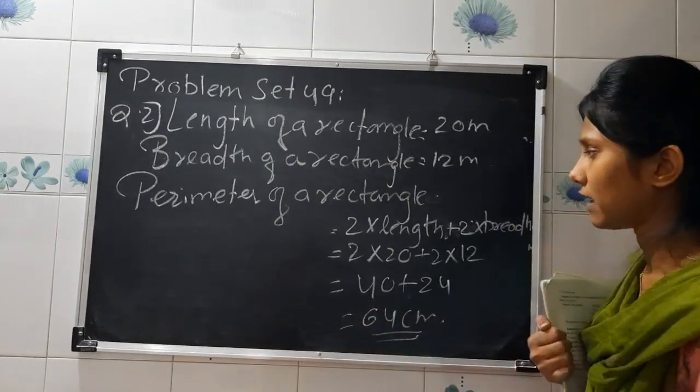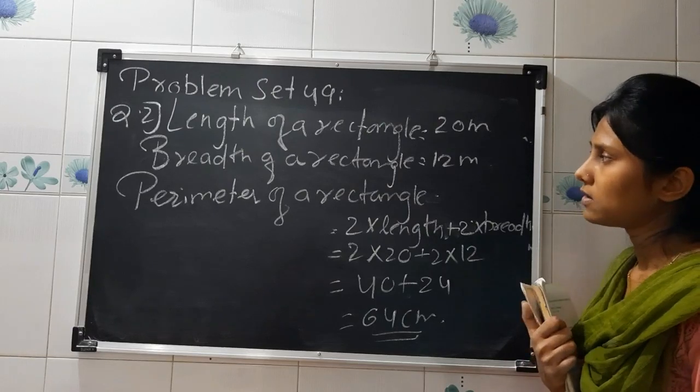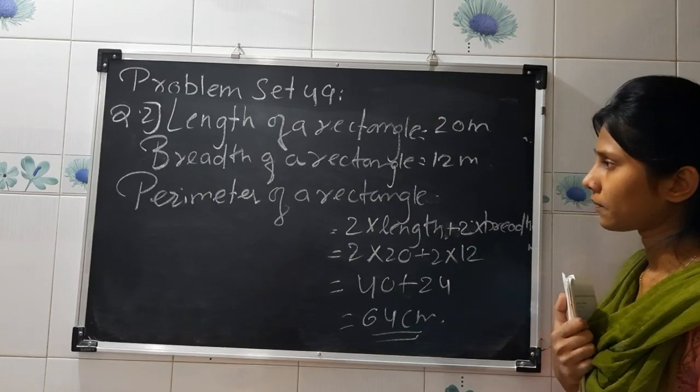Therefore perimeter of a rectangle is 64 centimeter.